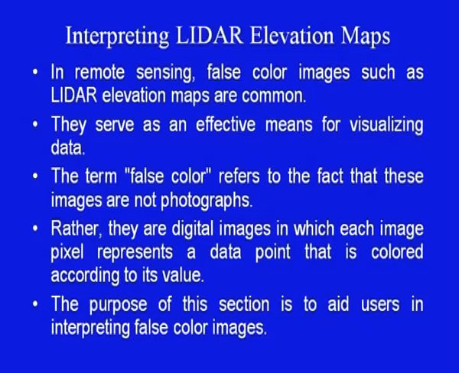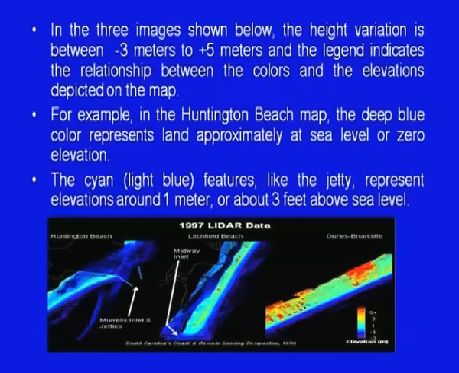The purpose of this section is to aid users in the interpretation of false color images. In the three images seen below, the height variation is between -3 meters and +5 meters, and the legend indicates the relationship between the colors and the elevation depicted on the map.